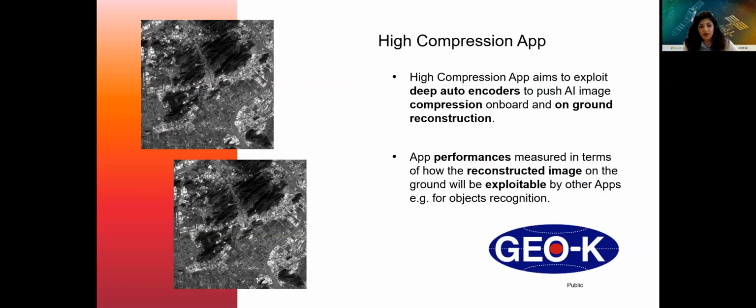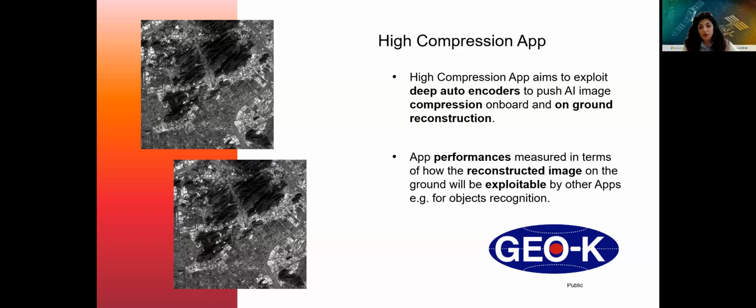Yeah, and then we have the high compression hub that exploits deep autoencoders for image compression on board and reconstruction on the ground. So this means that we can compress the acquisition by the encoder part of the network and send them to the ground, saving bandwidth for data transmission.